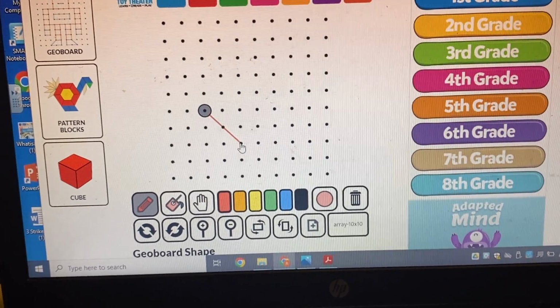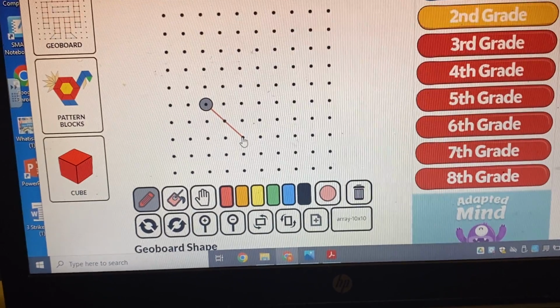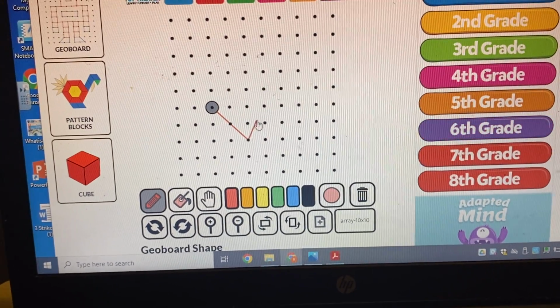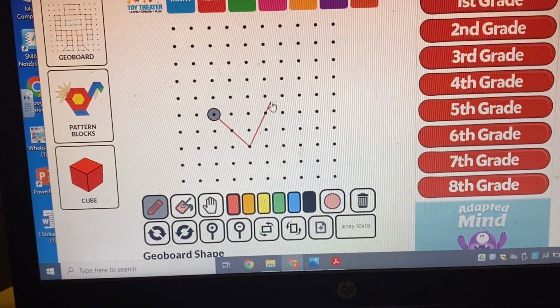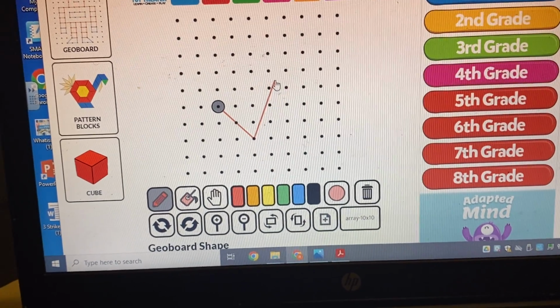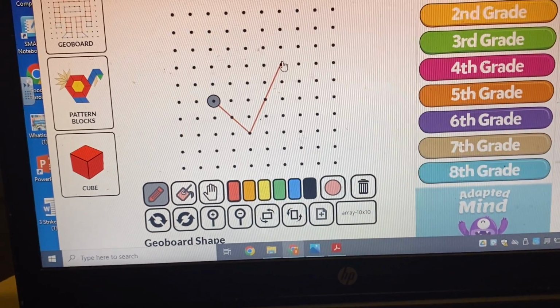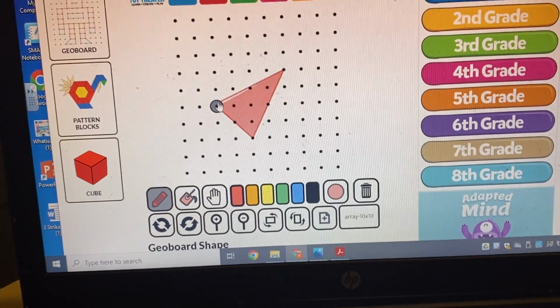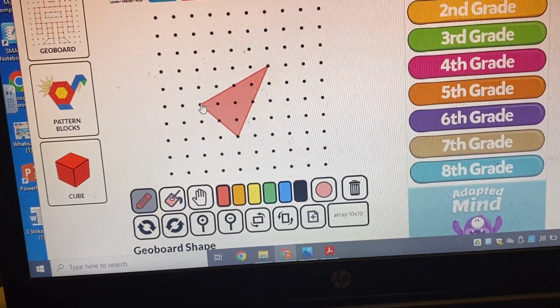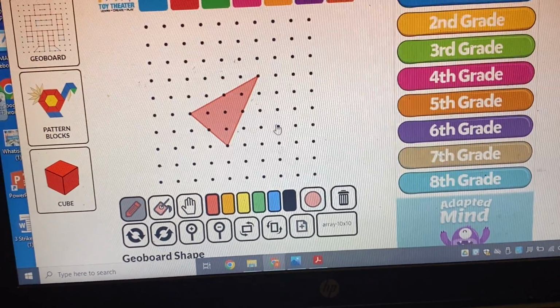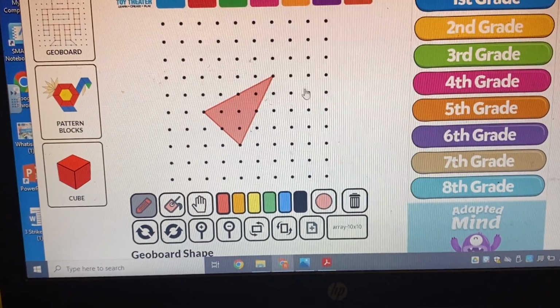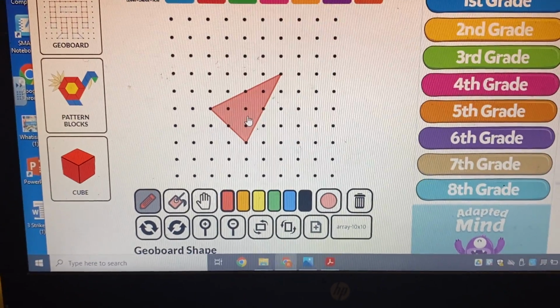You can create your acute triangle. You can create your obtuse triangle. So this is something that will be kind of fun, and then you can just go from dot to dot, and it will be quite colorful.